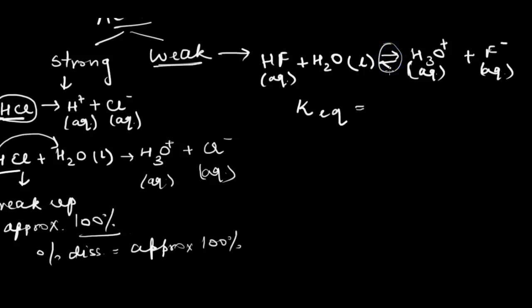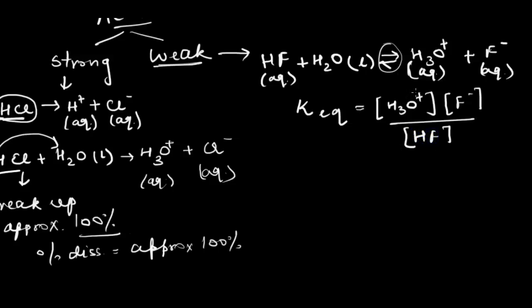Now, if it approaches equilibrium, it can be defined with an equilibrium constant as well. And equilibrium constant is the concentration of the products divided by the product of concentration of the reactants. We do not take any entity that is in liquid or solid state, so we would just take HF here.